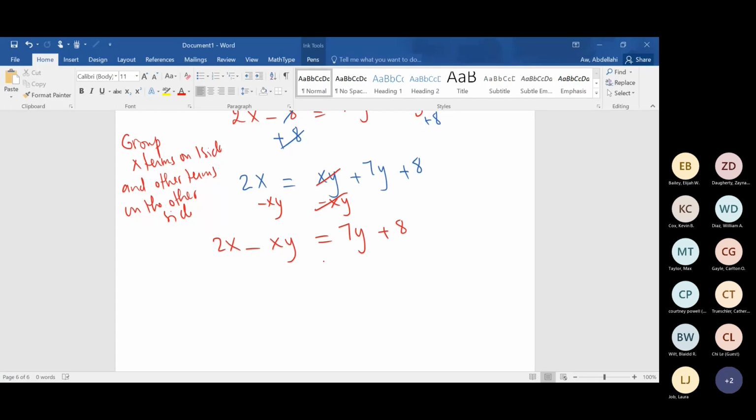Somebody tell me what we have to do here. Is it subtract 2x from each side? We have what we want because we have all the x terms on one side, so we don't want to lose that. But here, since I see x here and I see x here, what can I do? I can factor out x.